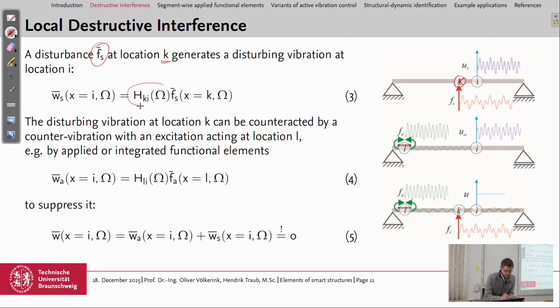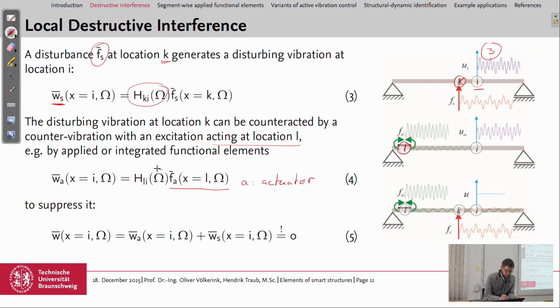And we use the transfer function from point K to I to describe the vibration behavior of the beam at this point I. So this function 3 would describe this signal here, and we can counteract it by a counter vibration with an excitation acting at location L. So we would have an actuator here, and we can also describe this excitation with this function Fa, A now for actuator.